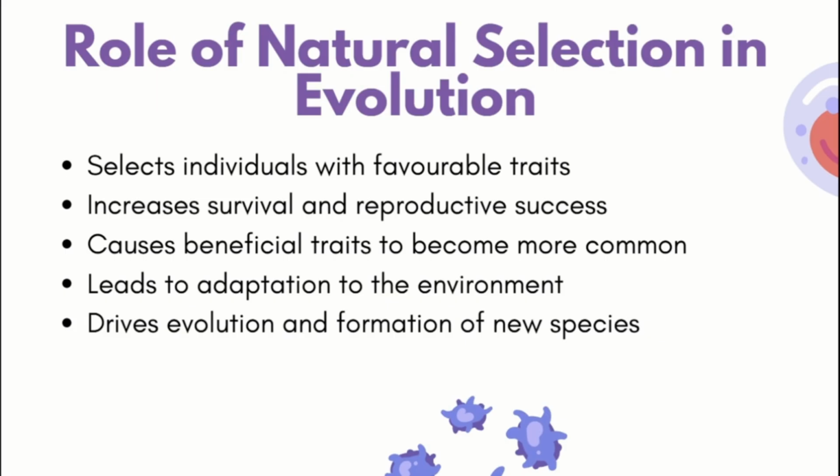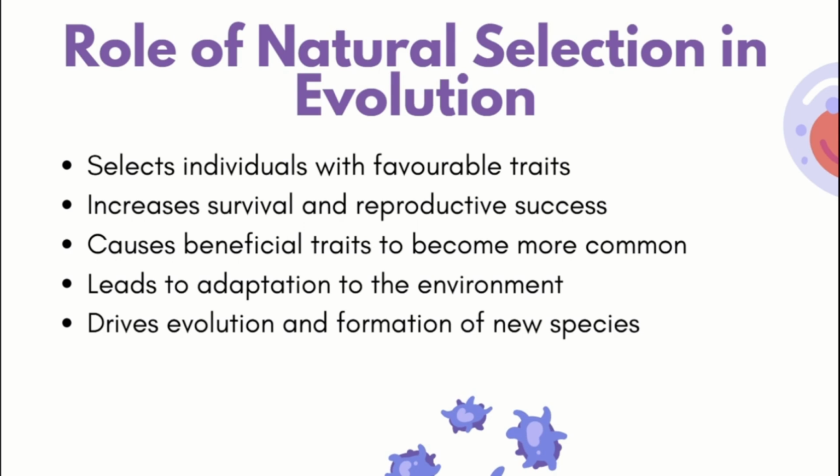Now, we know that natural selection is a driver of evolution. What does that mean? It means it has an impact on the next generation. If evolution is a change in population over a long period of time, and natural selection affects evolution, we mean that the fittest are going to survive.